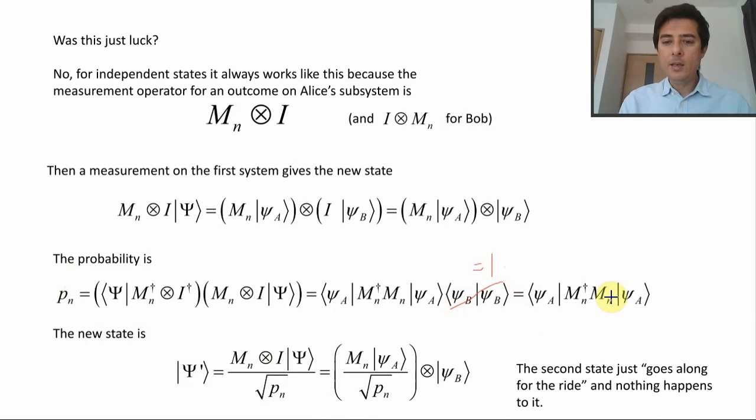And because this thing is just a number, we can collect it on this side here. Basically, it's just Alice's side that has these terms, and Bob's side remains completely untouched. So Bob's state just goes along for the ride in this case of independent states. This is basically why you can just tack on independent states, and it never really affects any final results.